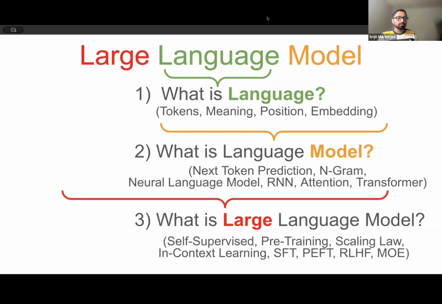The first R will be dedicated to understanding what is language. You have understood tokens, but again, it's my duty to talk a bit about it again. Then it will be about the next 1 hour, it'll be about language modeling. What is a language model? And finally, the last 1 hour, it will be about what is large language.